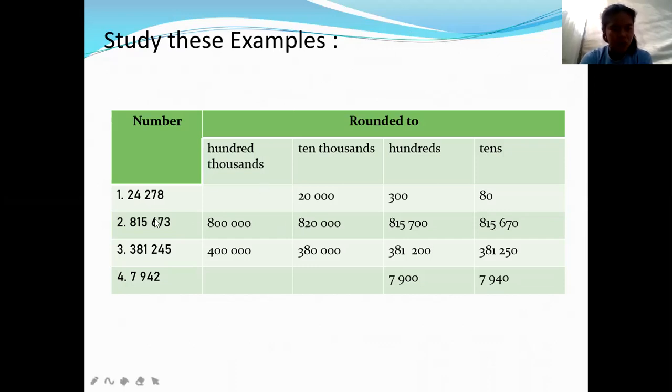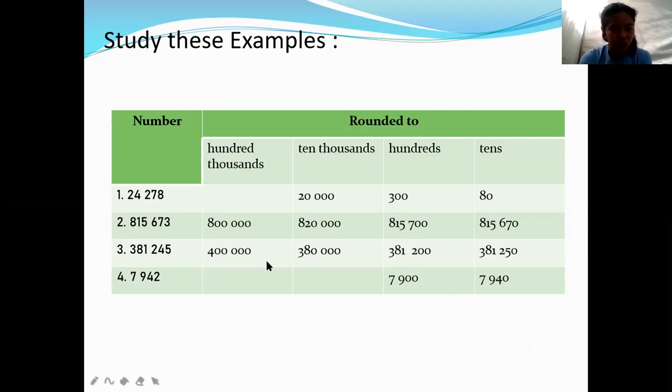Okay, next, sa 10,000s place. In the 10,000s place, we have 815,673. Then the 10,000s place is the 1. Okay, so what is the number next to 1 in its right? It's 5, right? So si 5, sa rule na to, if the number is 5 or more, we are going to add 1.